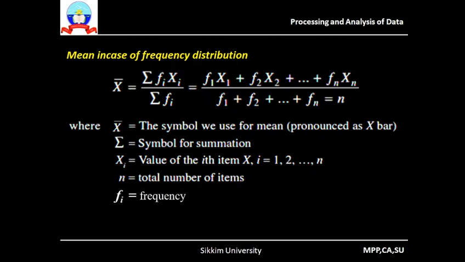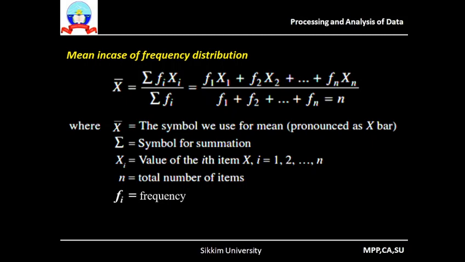So here f2 is the frequency of data point x2, divided by the total number of frequencies. So here f1, f2, fn, these are frequencies. So in case of frequency distribution, mean takes this form, that is sum of products divided by the total number of frequencies.